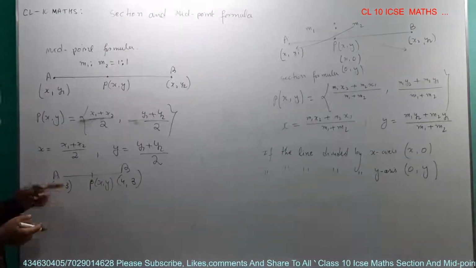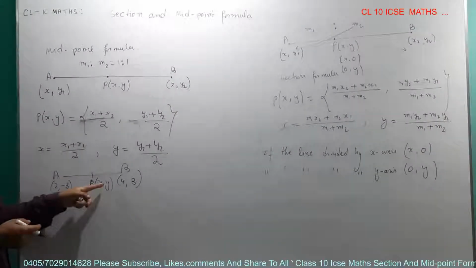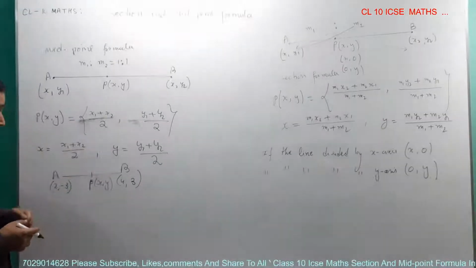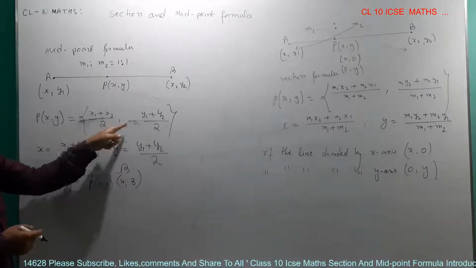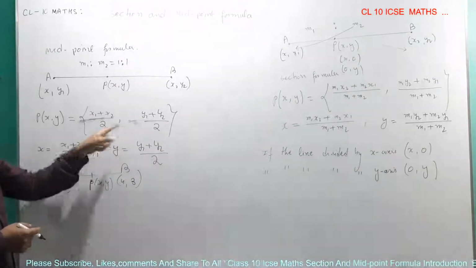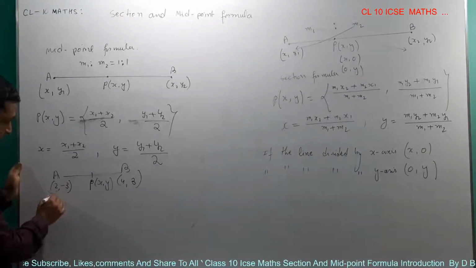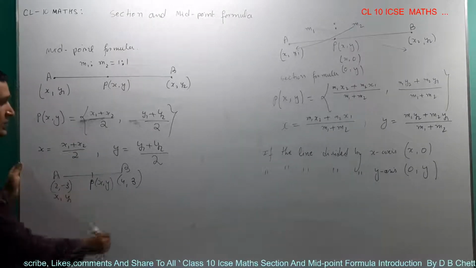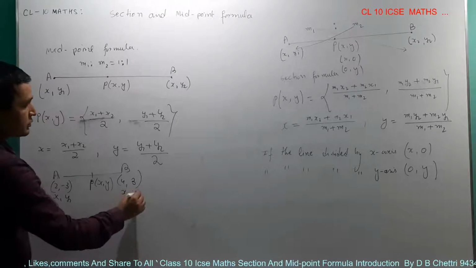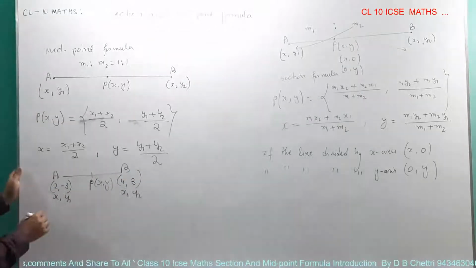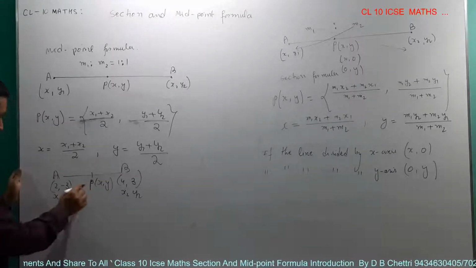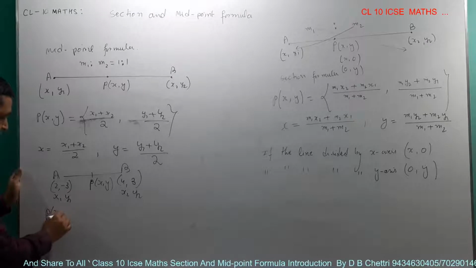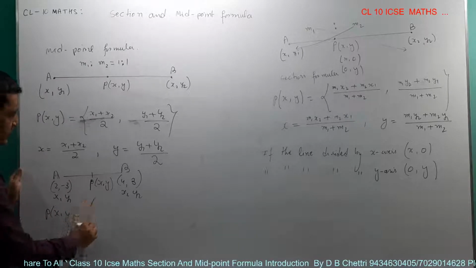Then how do we get the coordinates of this midpoint? We will use this formula to find the value, and we can find it together. Always mark this as x1, y1, and this as x2, y2. Then how to get the coordinate of P, x comma y? We'll use the formula.